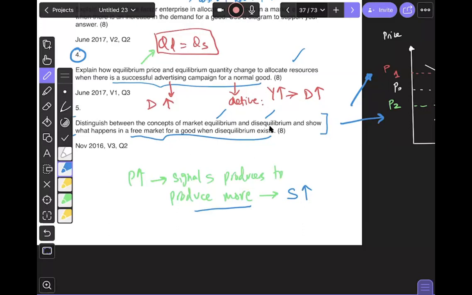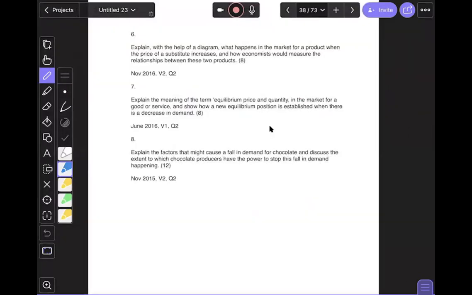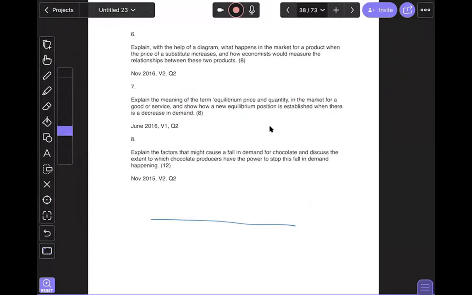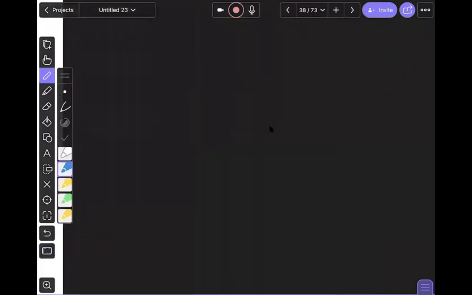Okay. So guys, a lot of questions will be about factors affecting demand and supply, right? So quickly, I want to recap those factors that affect demand and supply.